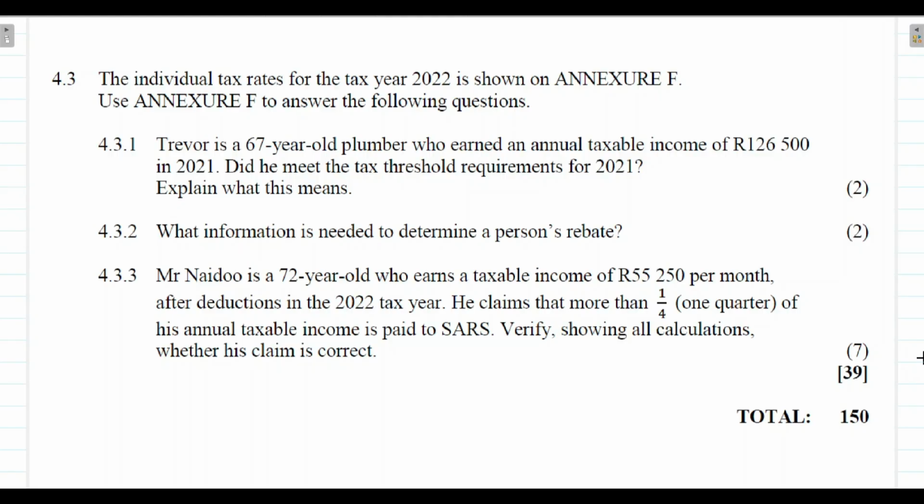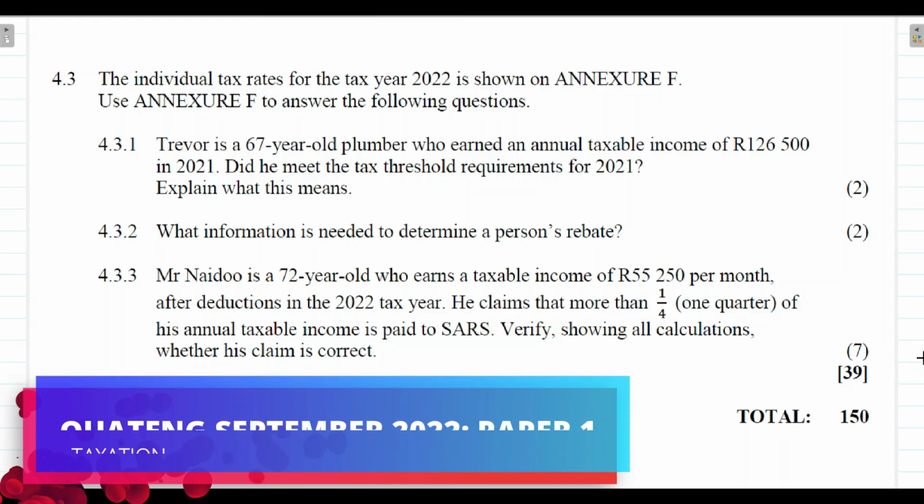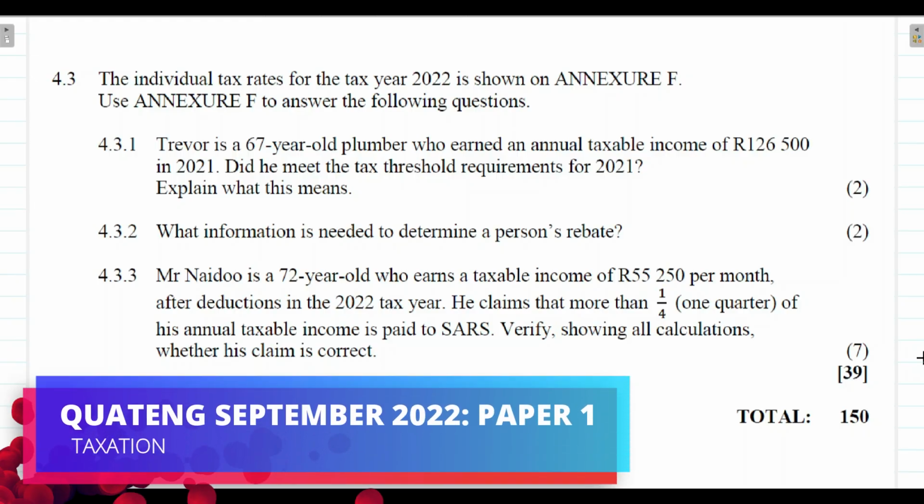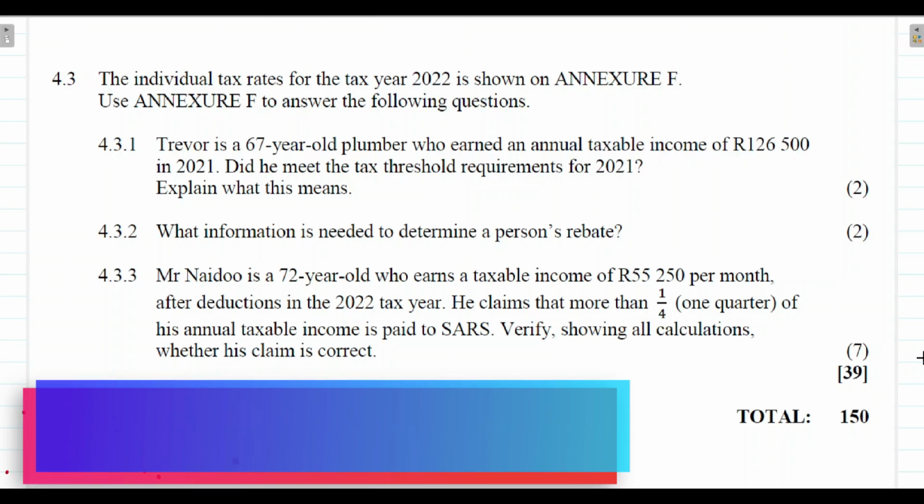On today's video tutorial, guys, we are going to be having a look at the last question from the Gauteng September 2022 paper 1 mathematical literacy paper, right? And in this video tutorial, we are going to be tackling taxation.